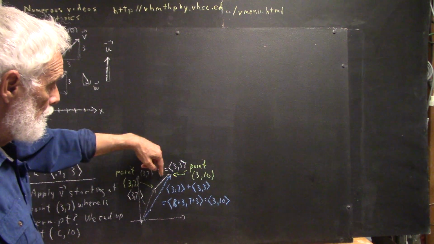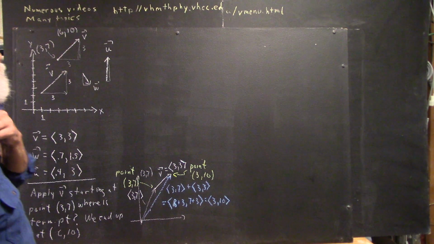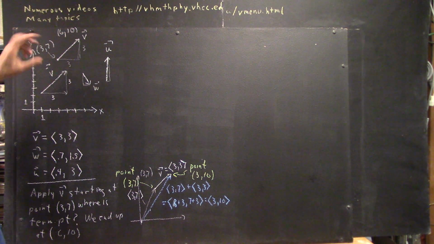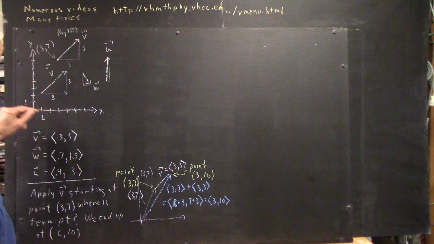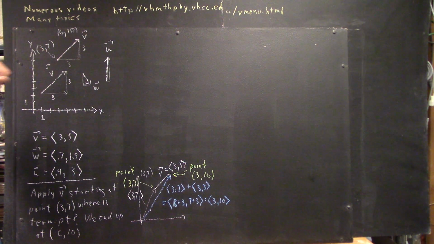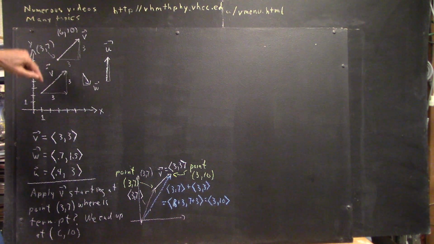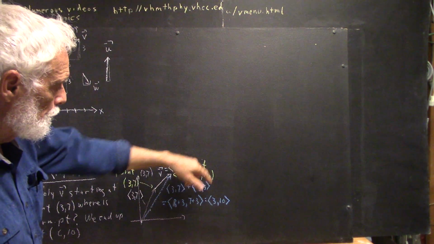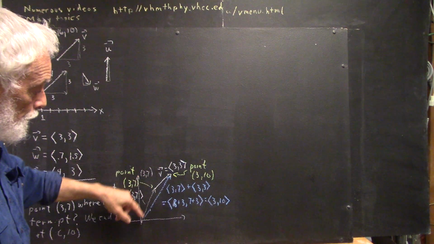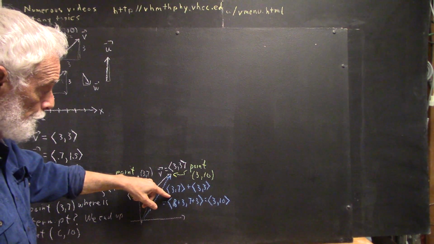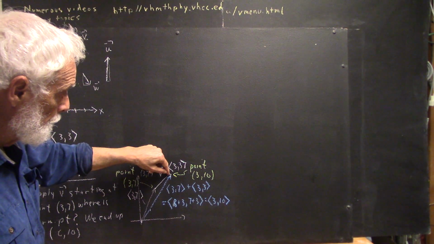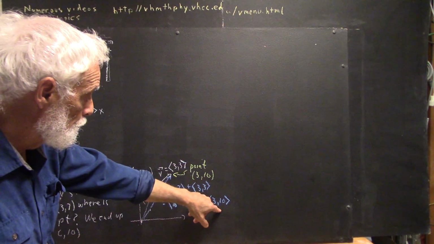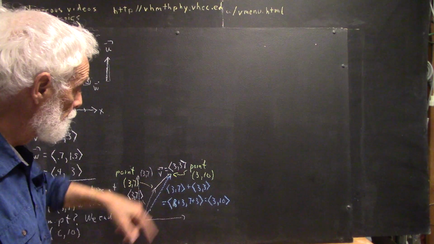So that depicts your displacement from 3, 7 to 6, 10 as a sum of a vector from the origin to the point 3, 7 added to the vector v, which has components 3, 3. So it's the vector 3, 7, which takes you from the origin to 3, 7, added to the vector 3, 3, takes you from the origin to the point 6, 10. So that this point is 6, 10.